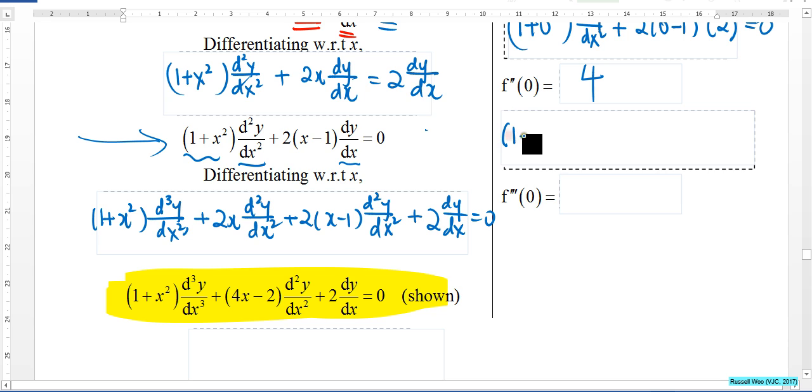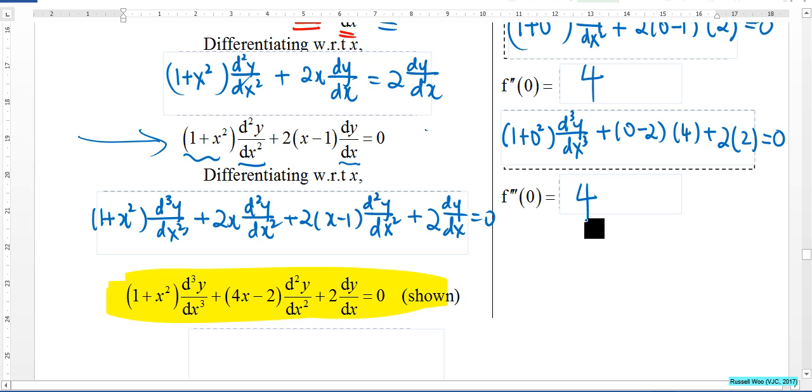Then you get 1 plus 0 squared, d3y/dx cubed, plus 0 minus 2 times 4, plus 2 times dy/dx which is 2. f triple prime 0 is just 4. Not 6, 4. Quite simple once you got that.